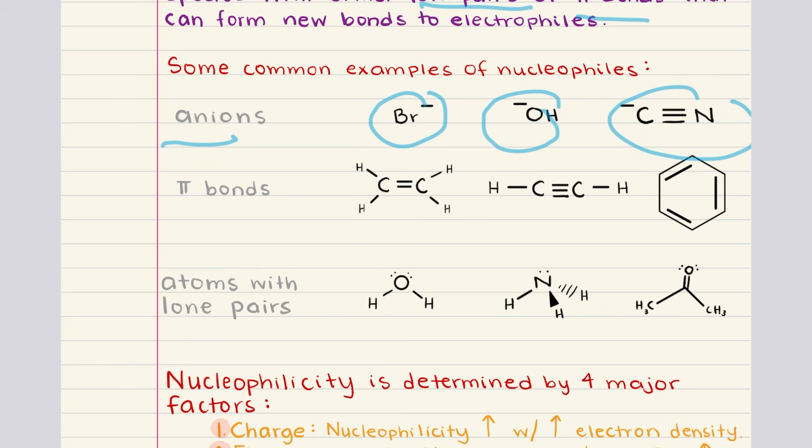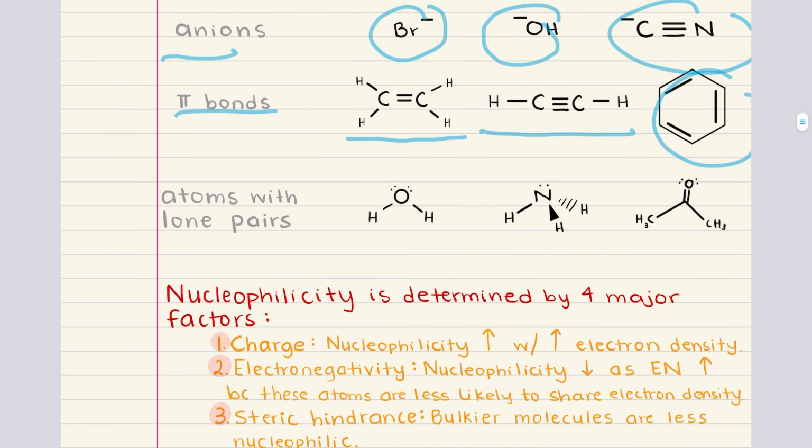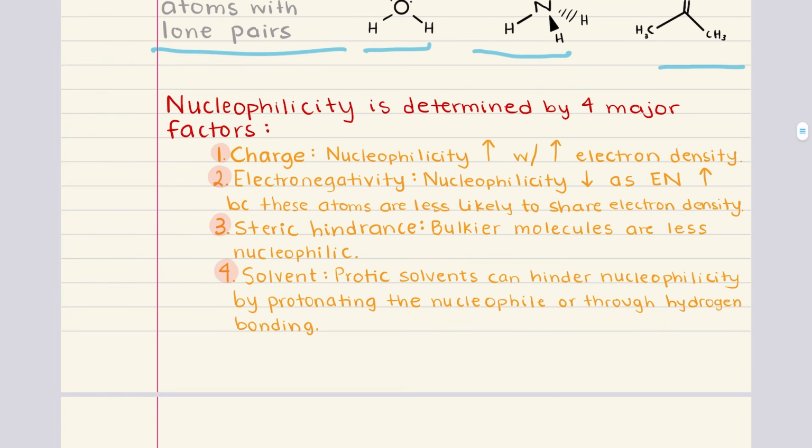Nucleophiles can also include molecules with pi bonds, such as alkenes and alkynes and benzene rings, since the delocalized electrons in their pi systems can be donated to an electrophile. Finally, neutral molecules with lone pairs, such as water, ammonia, and esters, can also act as nucleophiles under the right conditions. However, not all nucleophiles react with the same efficiency.